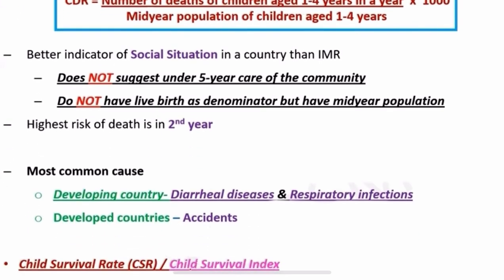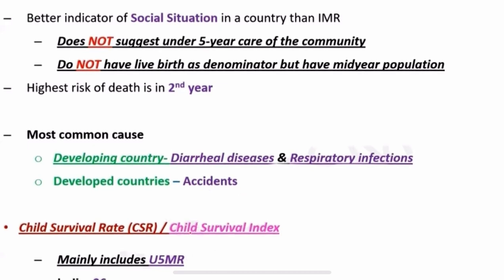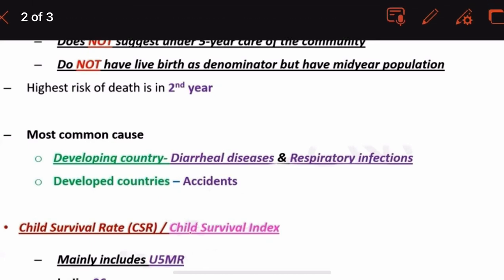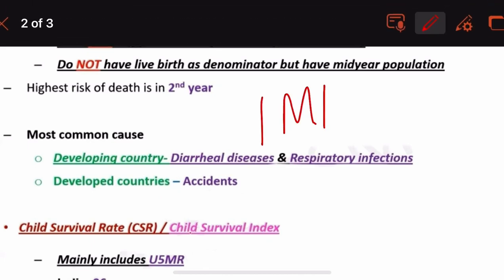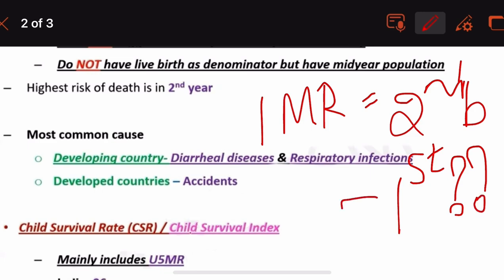So this child death rate is a better indicator for the social situation in a country than the infant mortality rate. When we did the infant mortality in the previous video, we studied that it is the second best indicator. Then which is the first best indicator for the social status of the community?